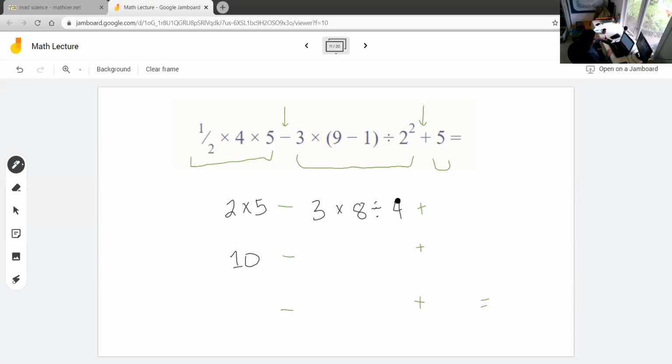Here we have only multiplying and dividing, so we can go left to right. 3 times 8 is 24. 24 divided by 4 is 6. And this one is just 5. So the 5 sort of comes down, the 10 comes down. 10 minus 6 is 4, plus 5 is 9.